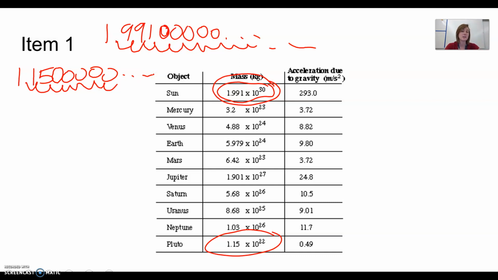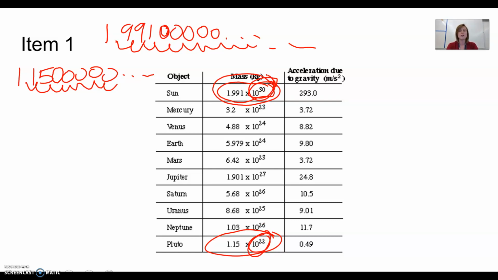But it's not as big as the mass of the sun, because notice that Pluto is just 10 to the 22nd, but the sun is 10 to the 30th. So the sun has a bunch more zeros on the end of its number than Pluto does. So the mass of the sun is a much bigger number than the mass of Pluto. Okay, so that's how you read that times 10 to the 22nd or times 10 to the 30th. You just scoot the decimal place over and add a bunch of zeros.